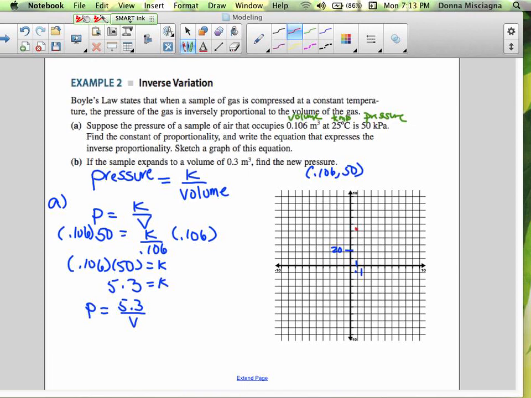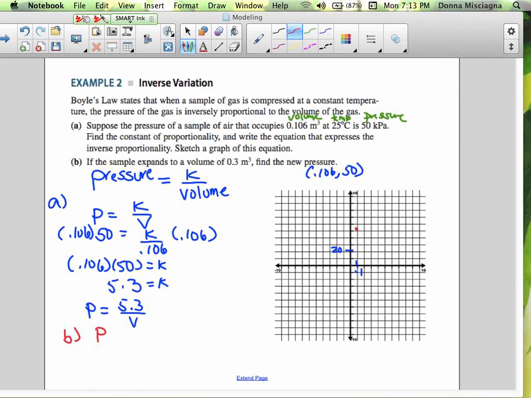This one is not as easy to graph as the linear function is. So let's plug in another value, and then we'll be able to graph our equation here. Let's answer B and we'll have another value. Let's kill two birds with one stone. Let's answer B and then we'll finish our graph. B says if the sample expands to a volume of 0.3 meters cubed, find the new pressure.